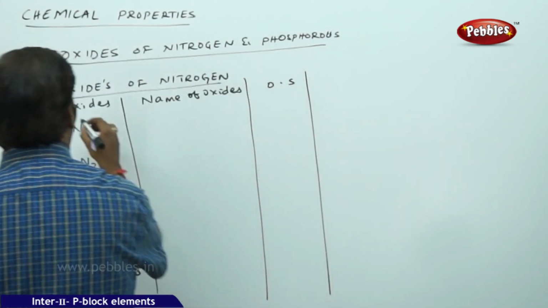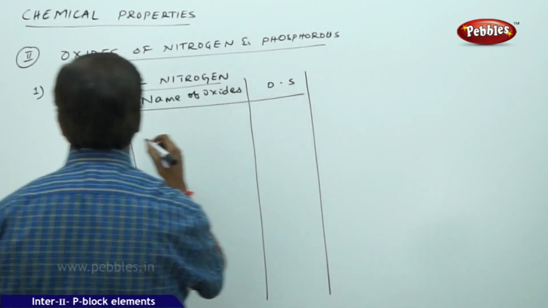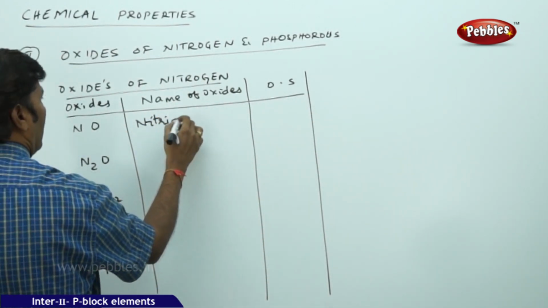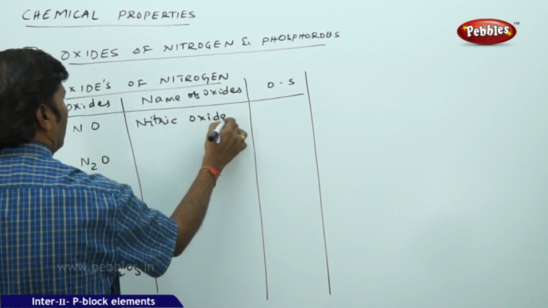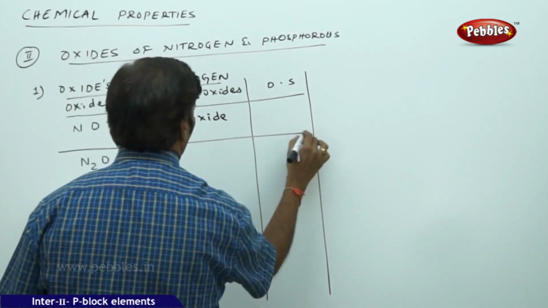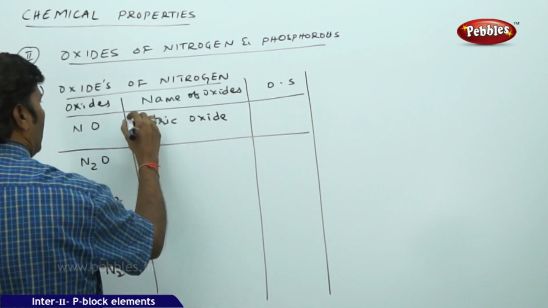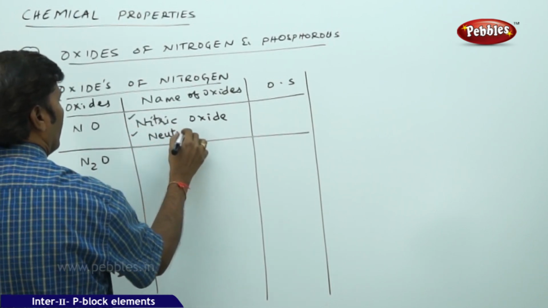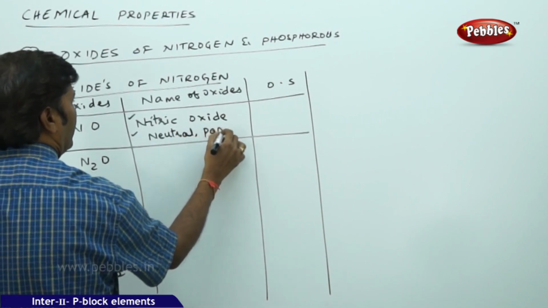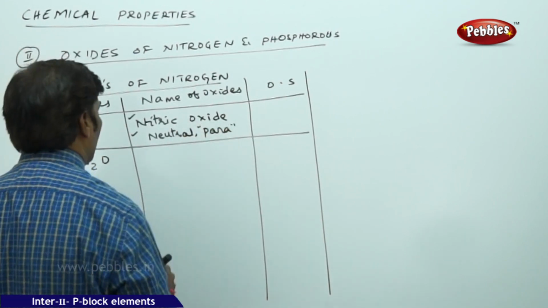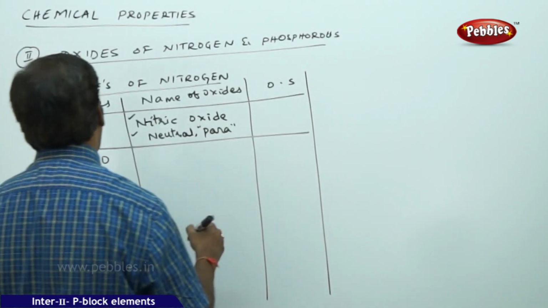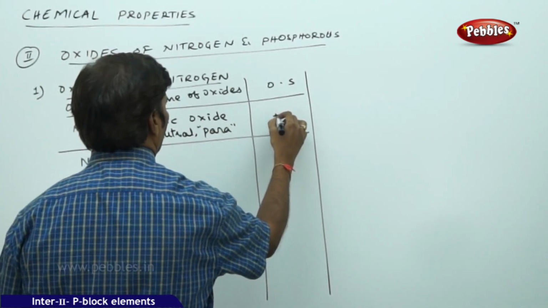If you create these 3 columns, the first one is nitric oxide. It is neutral and paramagnetic in nature, and it is colorless. Its oxidation state is +2.